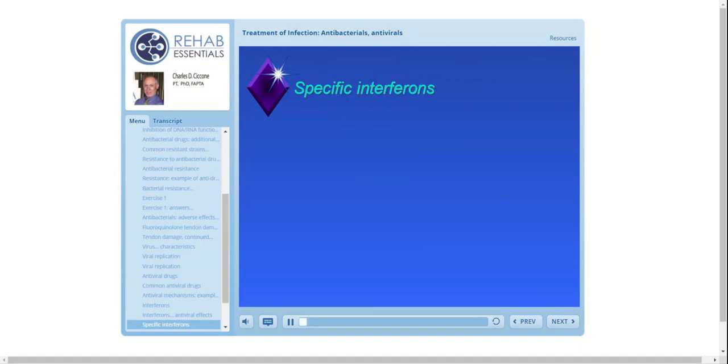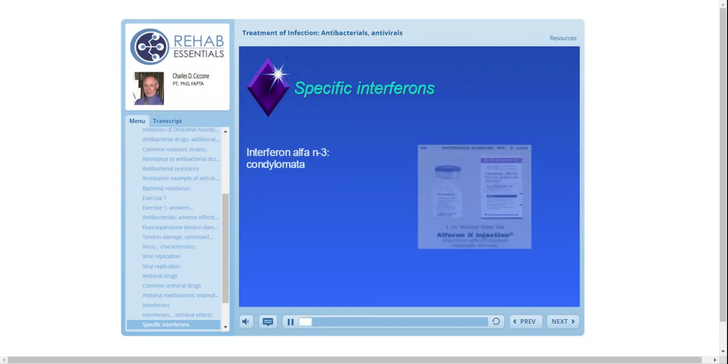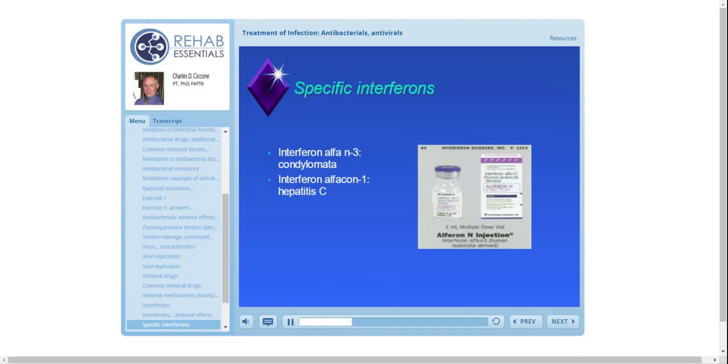But as I said, we're learning and still learning more about specific interferons and how they work. And these drugs are available now to treat certain viral infections. For instance, interferon alpha N3 is useful in viral infections that cause warts or condylomata. Interferon alfacon type 1 is used for hepatitis C, so a more serious infection.